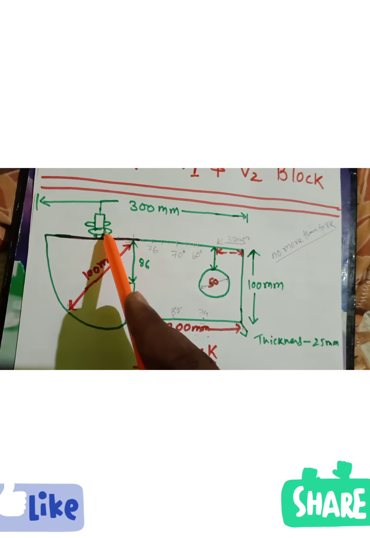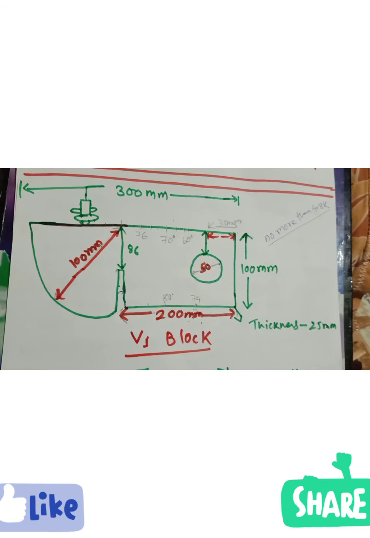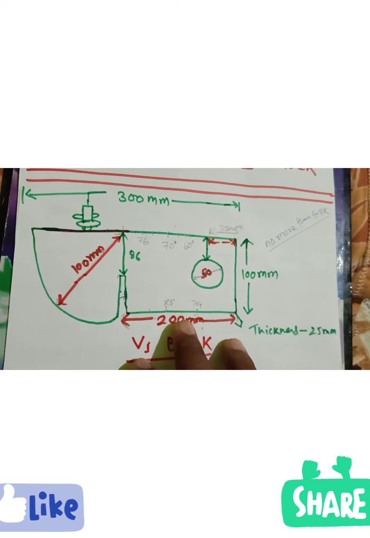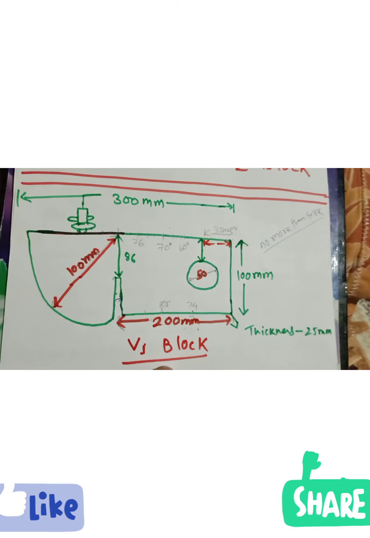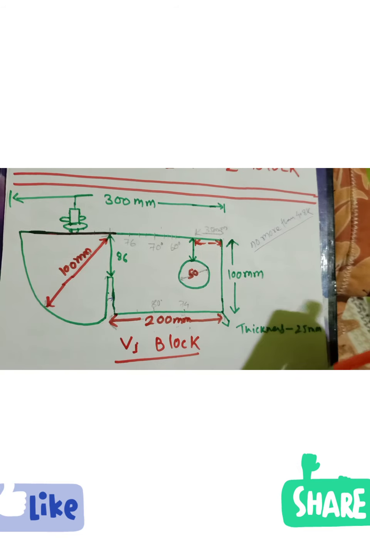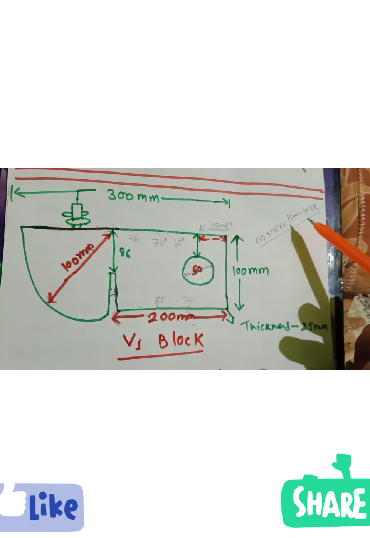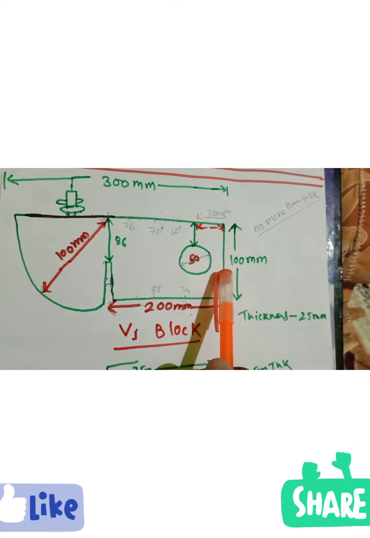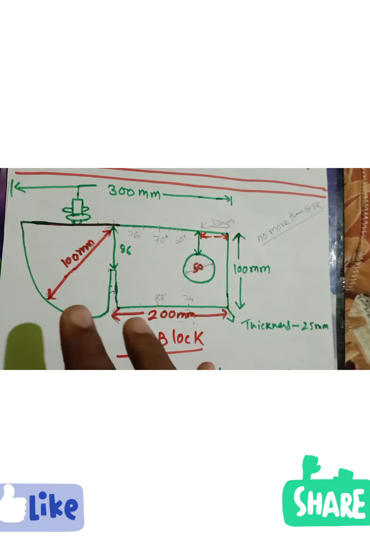And this is a normal probe, and you can also use an angle probe in this V1 block calibration. With the help of V1 blocks, you can calibrate with a normal probe as well as an angle probe. The weight of this block is not more than 4.8 kg, and the thickness of this block is 25 mm. So this is all about the V1 blocks.